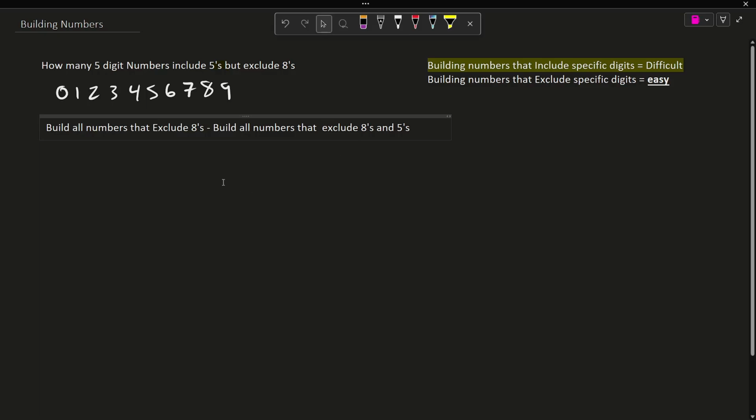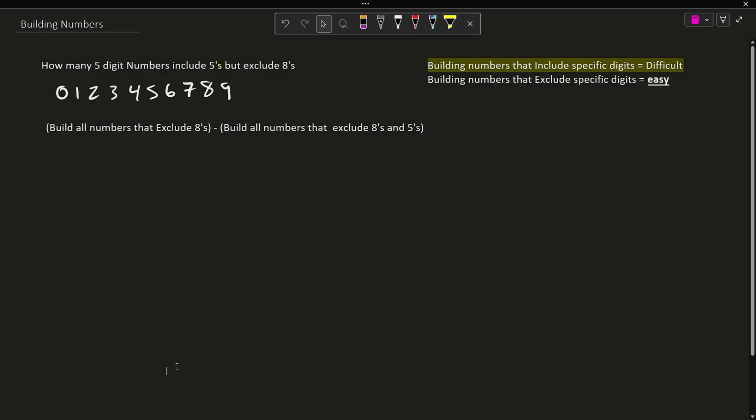There we go. So I'm going to build this set of numbers. It's going to be a big, big number. And I'm going to subtract from it this set of numbers right here. So let's go ahead and attack this.